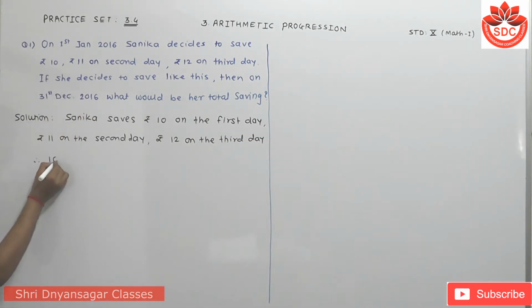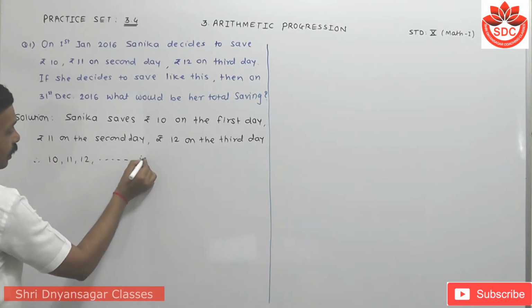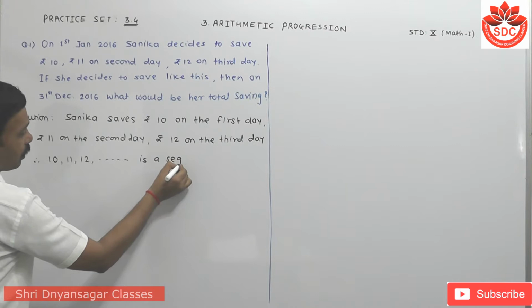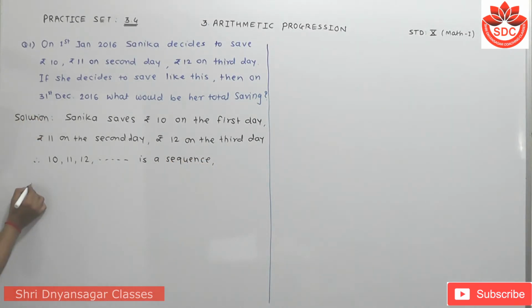Therefore 10, 11, 12, and so on is a sequence. Now first we have to find out its common difference.